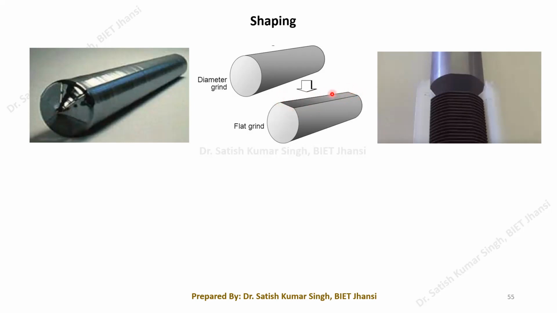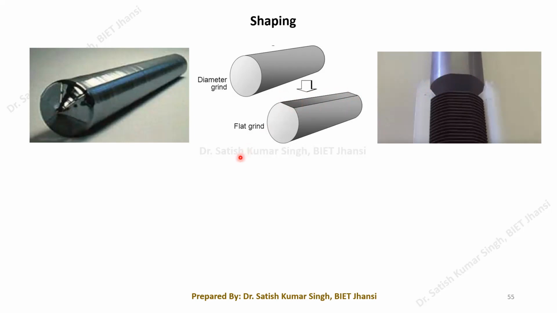So this type of flat region we have to make. You can see in this picture also, we have a flat region on the top and again a flat region at this side. So we need to make this particular flat region. What is the necessity of this flat region, I will be explaining in the next slide.